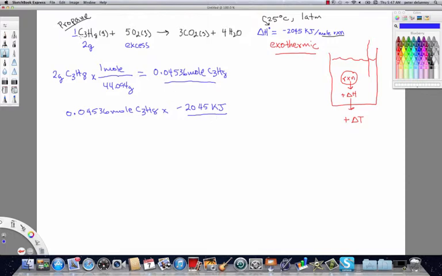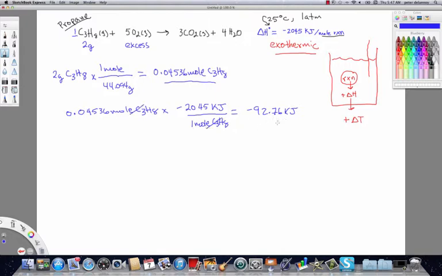And since the coefficient is 1, this is already in units of propane. And what we get is minus 92.76 kilojoules of energy released.